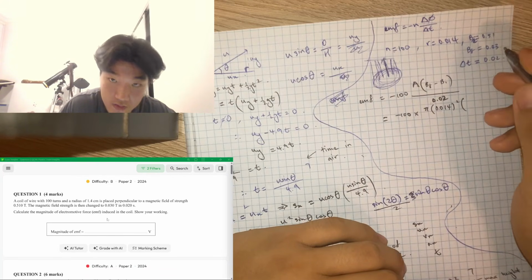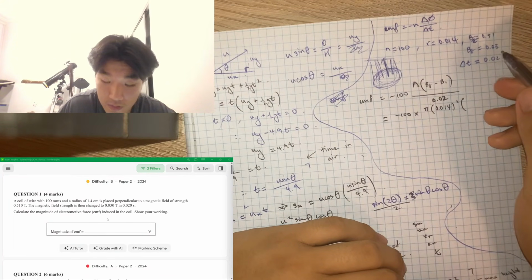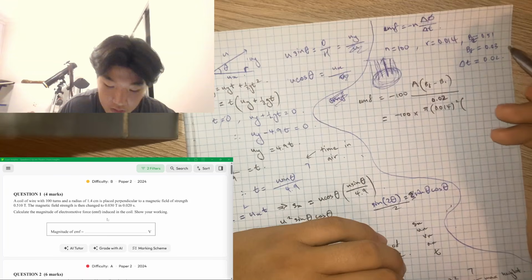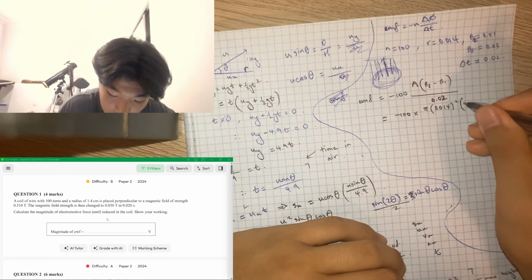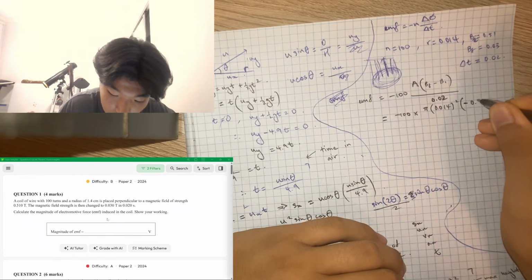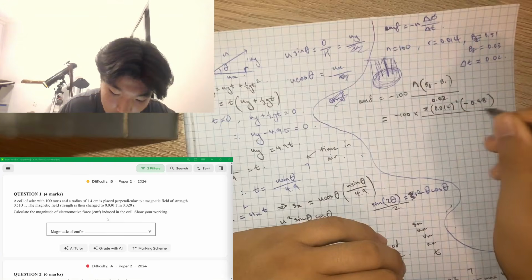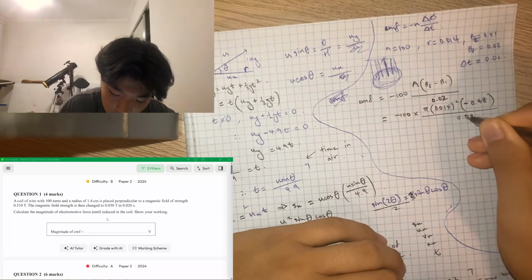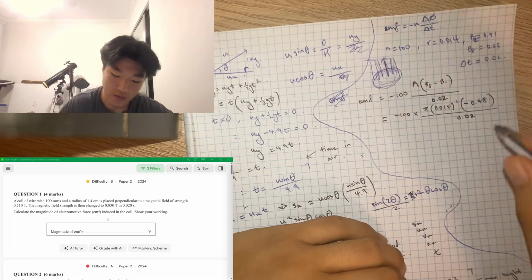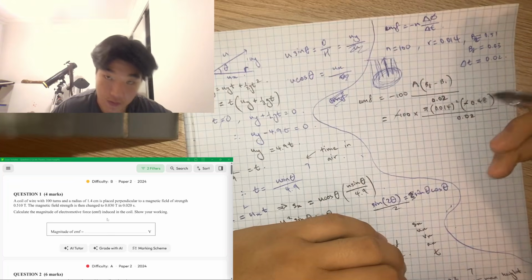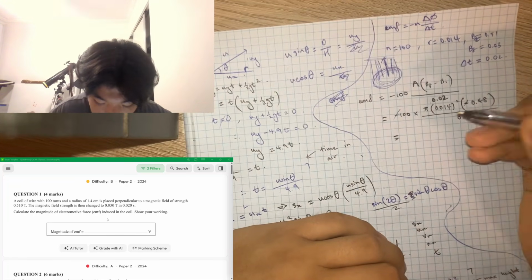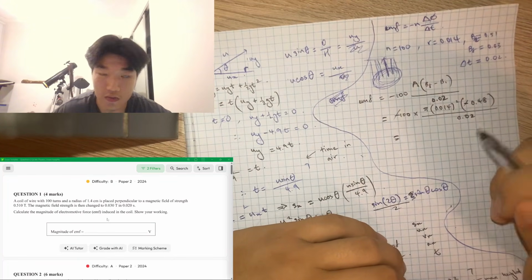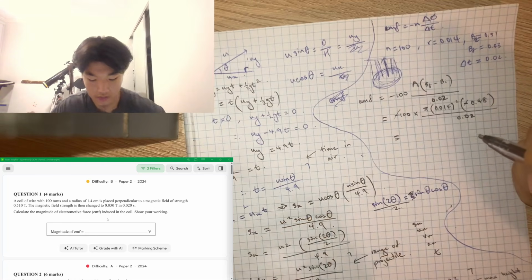So 0.03 minus 0.51 is just negative 0.48. We divide that by 0.02. The signs don't matter because we're after magnitude, but either way, it doesn't matter too much.